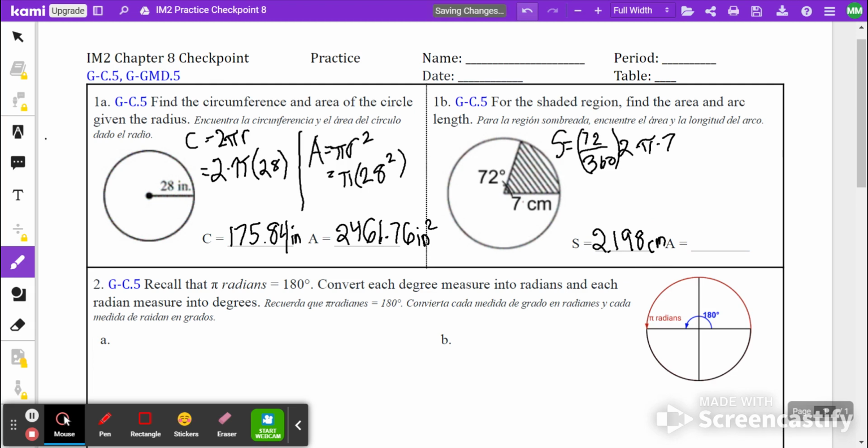I'm using 3.14 to approximate pi. You can also use the pi button on your calculator.